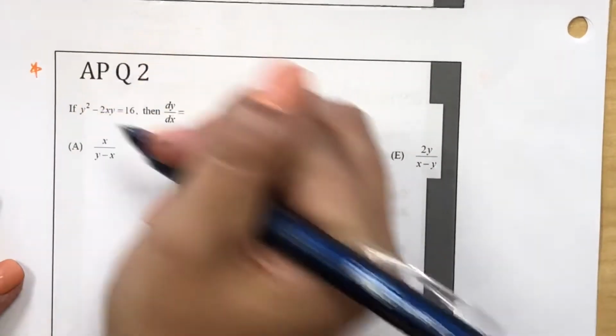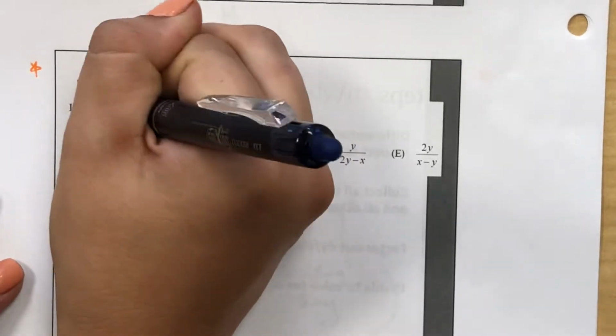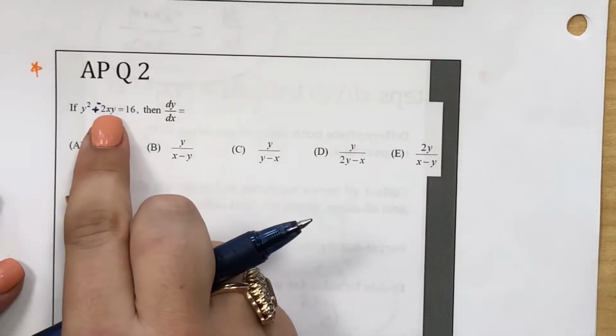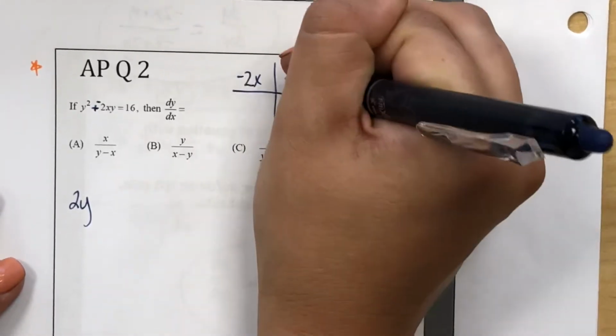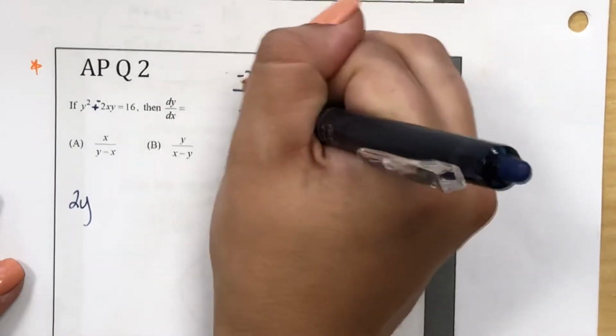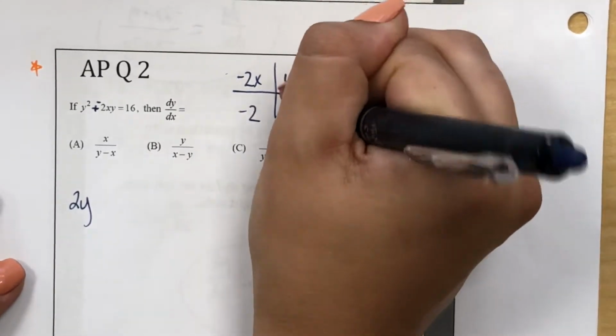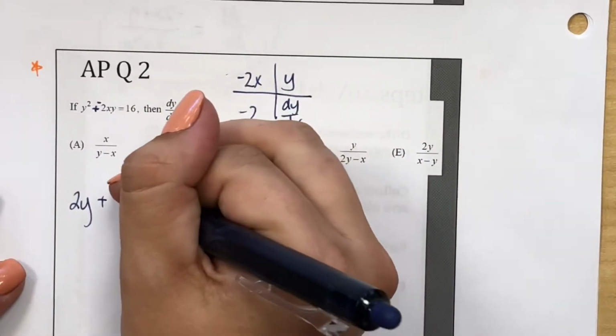All right, this is how you do it. The derivative of y squared is 2y. I'm going to change this to plus and negative. This is a product rule. I'm going to do it on this side. Negative 2x and y, it's my u and my v. So my du is negative 2. My dv is dy/dx. So plus.